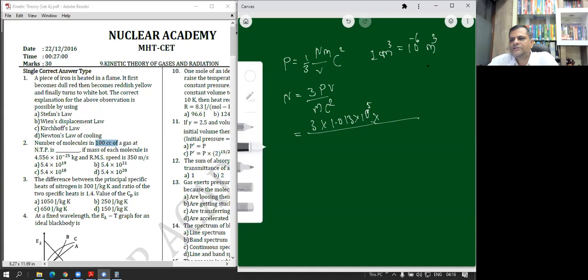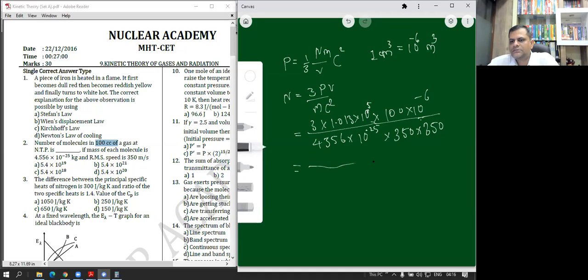So 100 cc means 100 into 10 raised to minus 6, remember, and that is divided by the mass of each molecule, which is going to be 4.556 into 10 raised to minus 25, and that is multiplied with c square, where c is 350. So here it will be 350 multiplied by 350, that is squared, and just work out all these calculations and get the final answer.